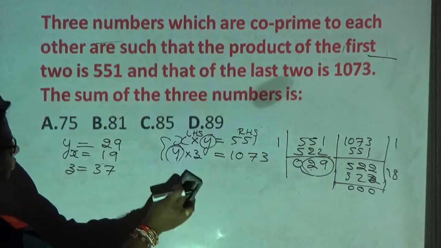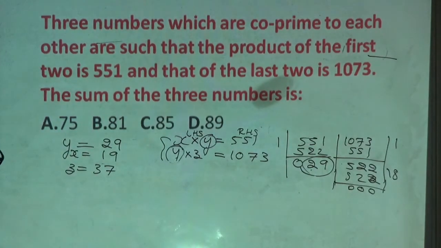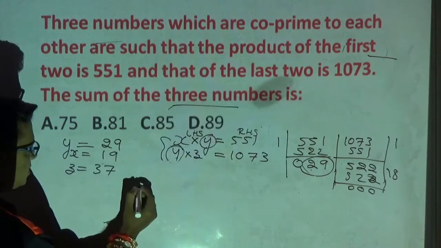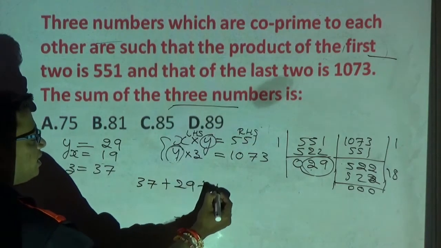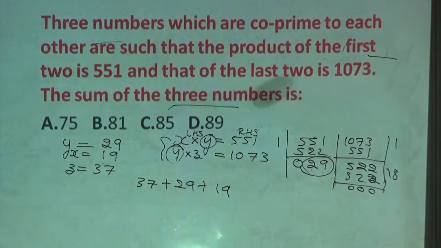Okay, now I got Y, X and Z. Now what are they asking? They are asking the sum of these three numbers, that is, I need to find 37 plus 29 plus 19. I need to find the sum of 37 and 29 and 19.